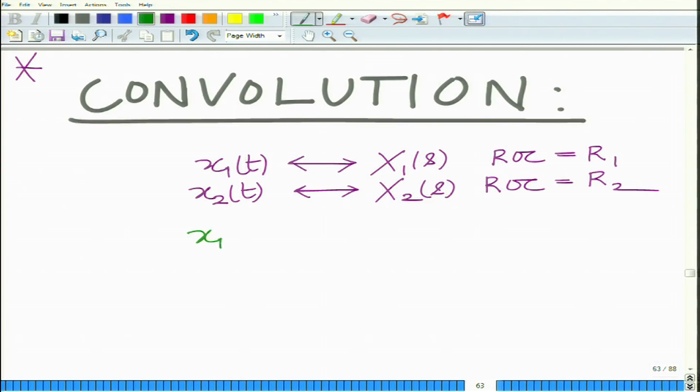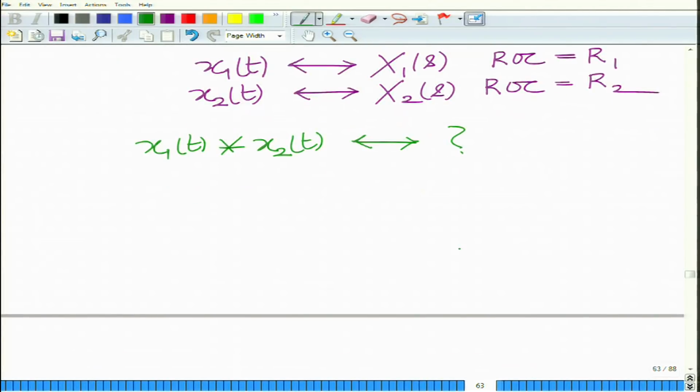Then I consider the convolution x1(t) convolved with x2(t), and I want to find out the Laplace transform of x1(t) convolved with x2(t).